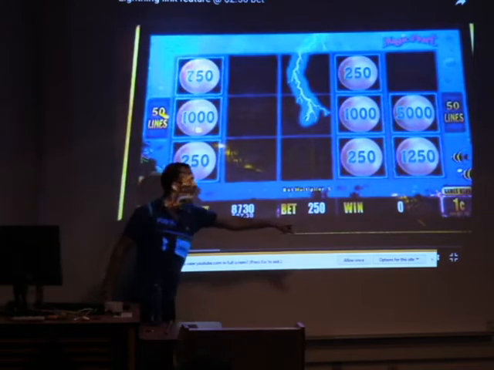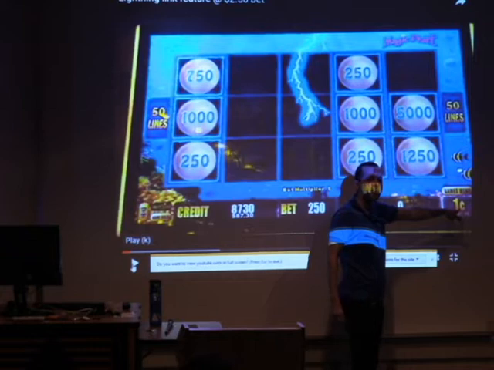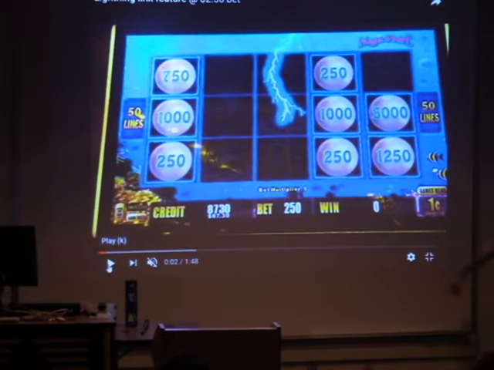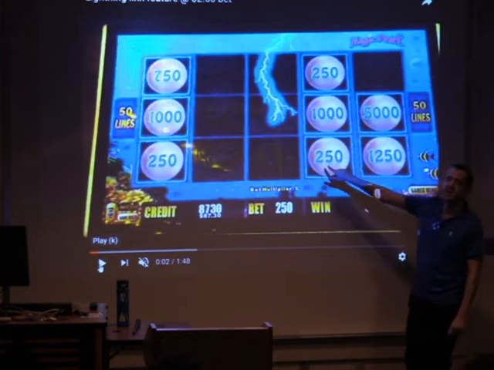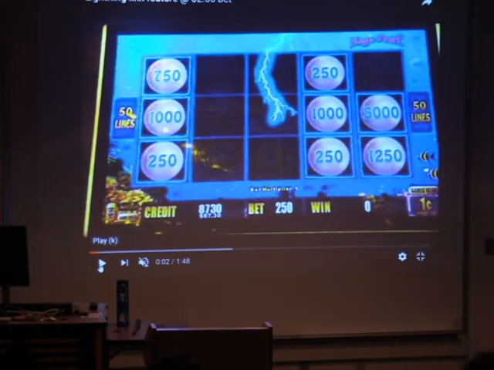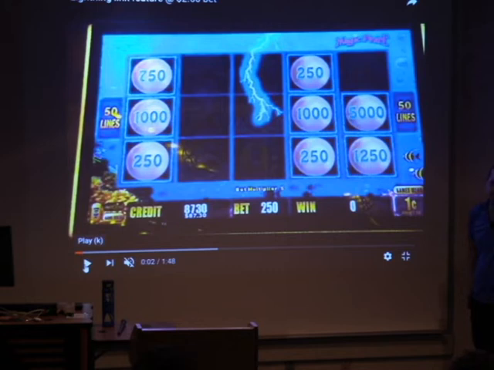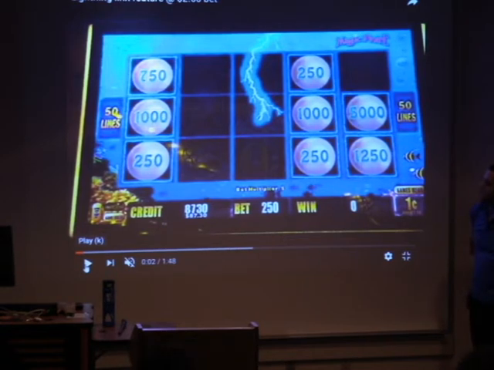Most of these games are 1 cent denomination, which means each one of these numbers represents a number in cents. So 250 credits is $2.50. It's very common for modern video slots, unless you go into a different section. But this is the most common. This is the big money maker right now of the slot industry, which is actually kind of dying, I believe. But that's a different topic.